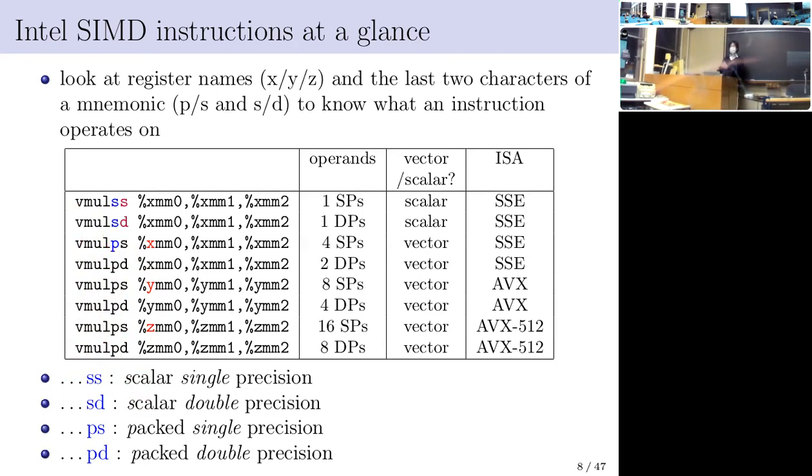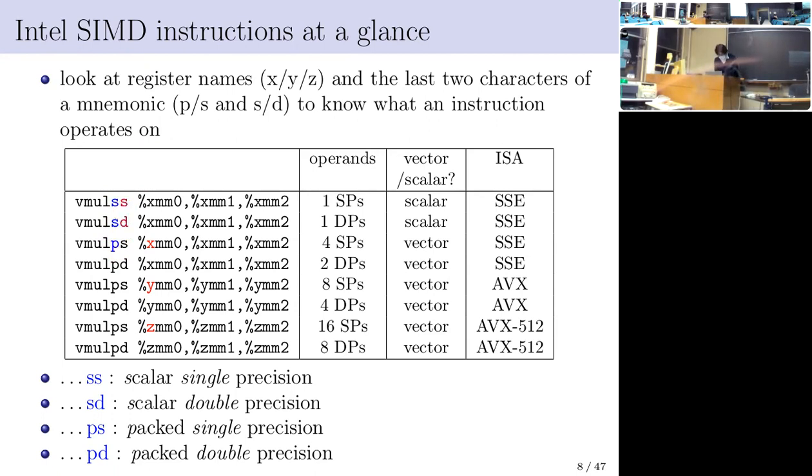Whether this is a SIMD instruction or not is a big deal. So you at least need to remember the second last character is either S or P, and whether it is P or S makes a significant difference in terms of what it is doing, and also for performance.